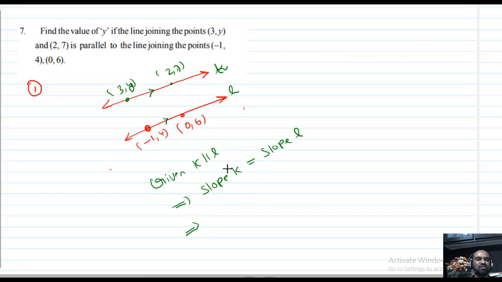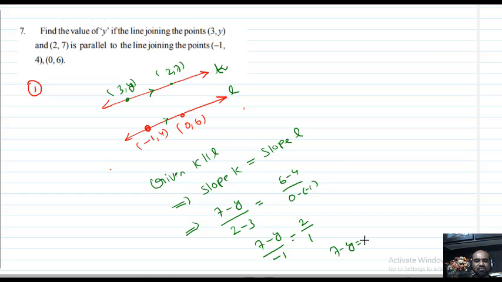Two points are given. y2 minus y1 by x2 minus x1: 7 minus y by 2 minus 3, which is minus 1, equals 6 minus 4 by 0 minus of minus 1. 7 minus y by minus 1 is equal to 2 by 1, or 7 minus y equals minus 2, or 7 plus 2 equals y, therefore y equals 9. The required y value is 9. This means that if two lines are parallel, their slopes are equal and vice versa.